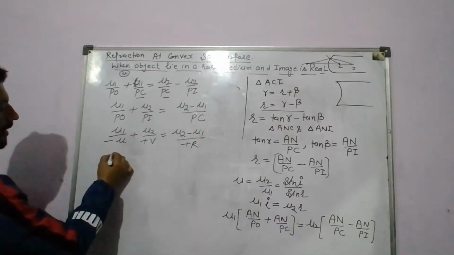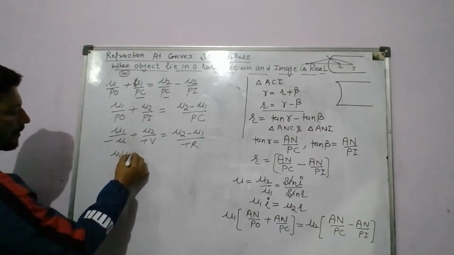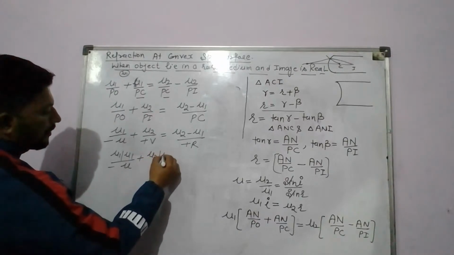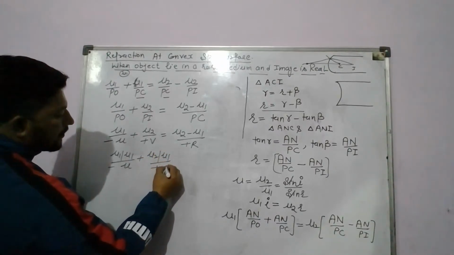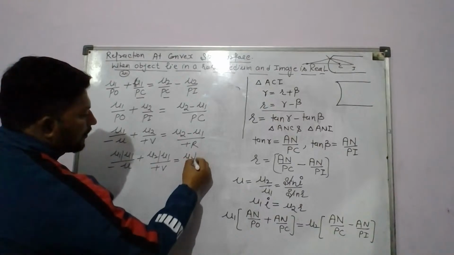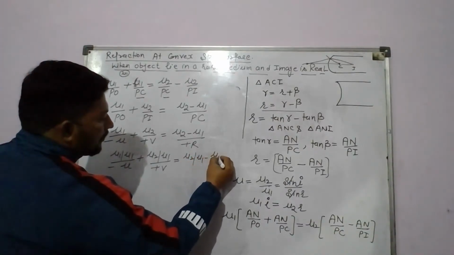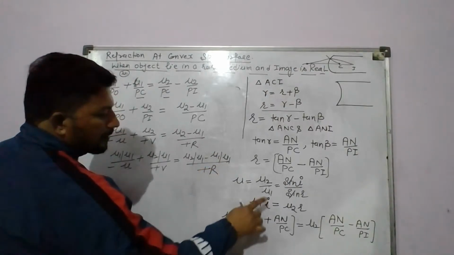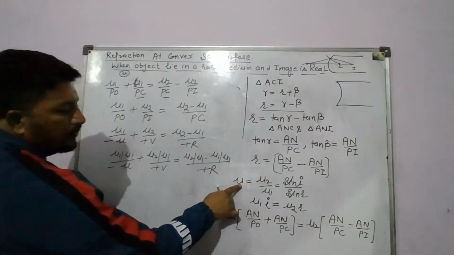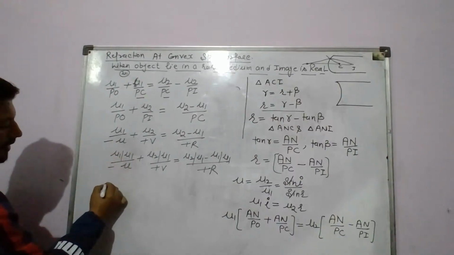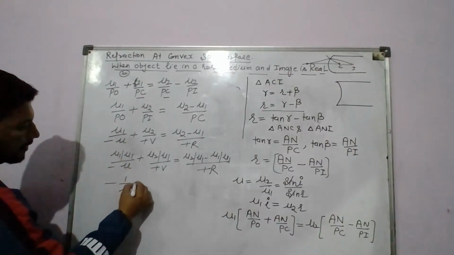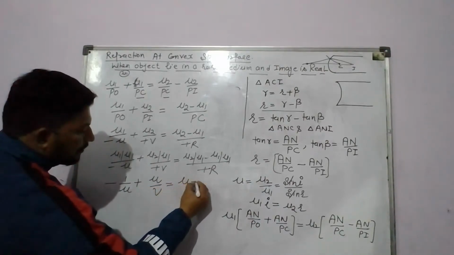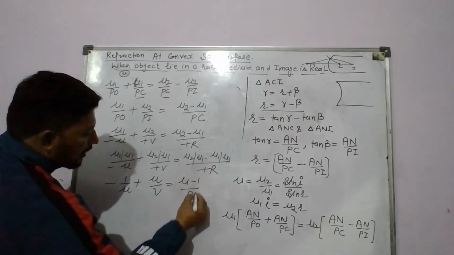Now dividing both sides by mu1, mu2 by mu1 is equal to mu, so this can be cancelled out. Minus 1 upon u plus mu upon v is equal to mu minus 1 upon r.